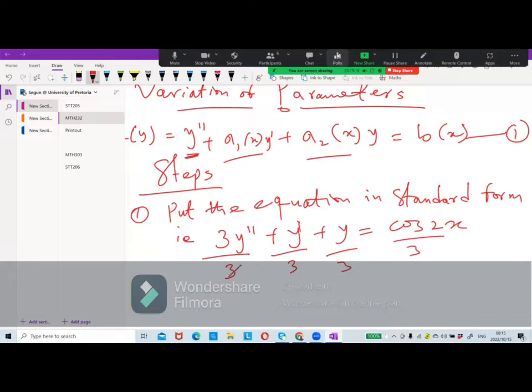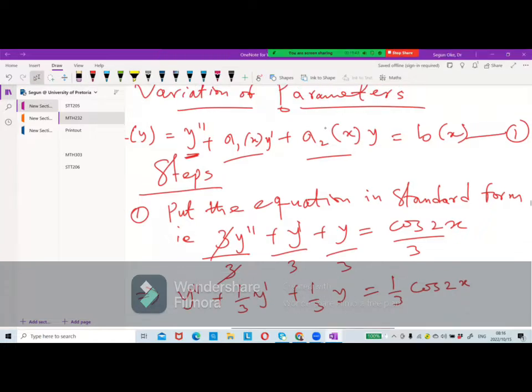For us to have a standard form, I'm going to have y prime prime plus 1 over 3 y prime plus 1 over 3 y equals 1 over 3 cos 2x. Now your equation is already in standard form, so you can begin to solve.